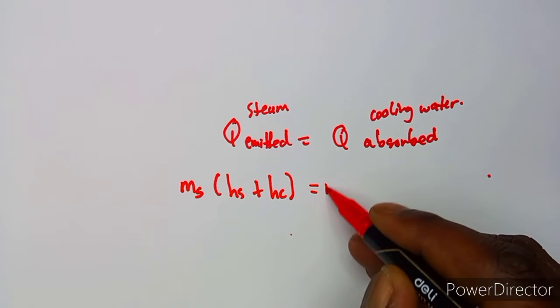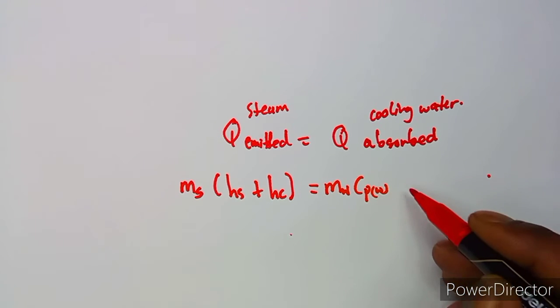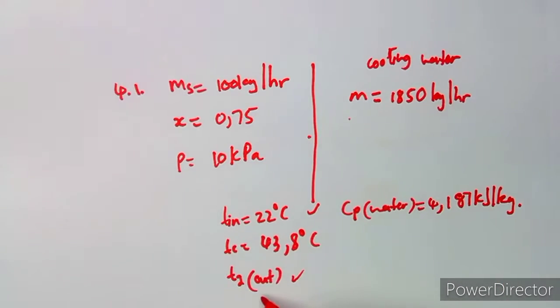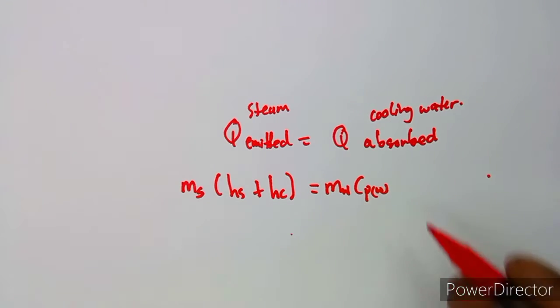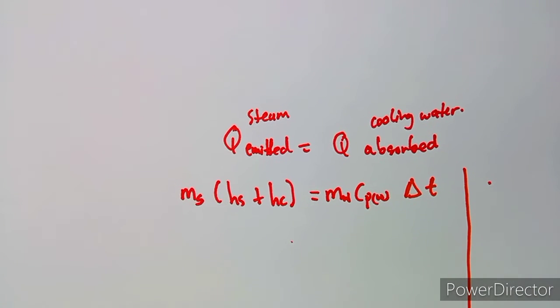That is the mass of water, times the specific heat capacity of water, times, in this case we need the change in temperature, which consists of T out, which is T2, and T in. I don't know how I'm going to write it, but let me just write it as change in temperature like this. But you must know that this change in temperature is equivalent to T2 minus T1, that is T out minus T in.